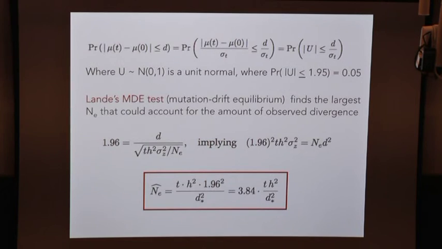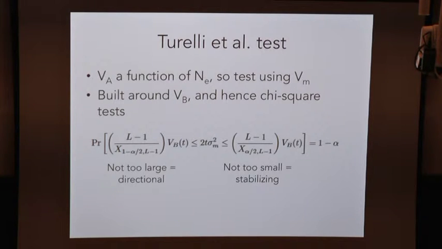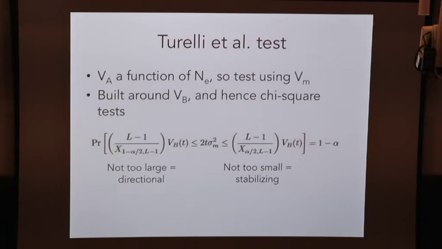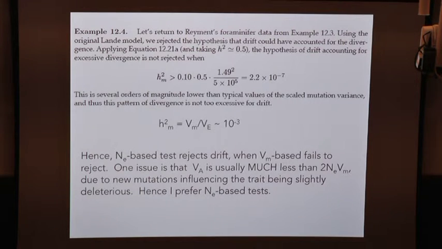So you can go ahead and do Turelli's test, and it's built around mutational variance, not heritability. In Lande's test, I use the absolute difference. Here, I use the actual variance. So now this is a chi-square test. I can get values where I have too much or too little divergence. Again, look at the notes for details.